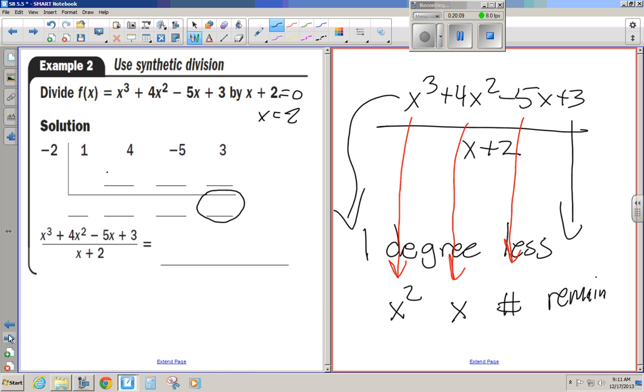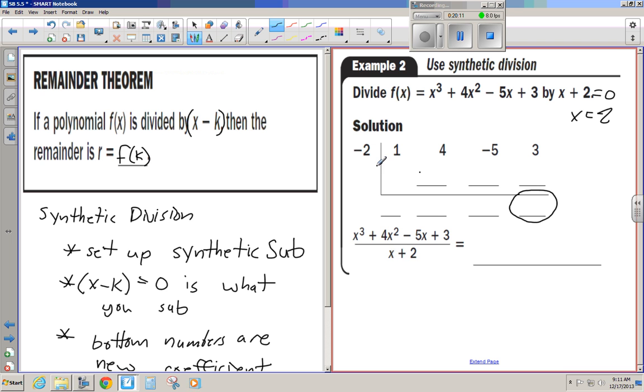So let's do synthetic substitution. Bring down the 1, multiply, add, multiply, add, multiply, add. So these numbers here are the new coefficients.